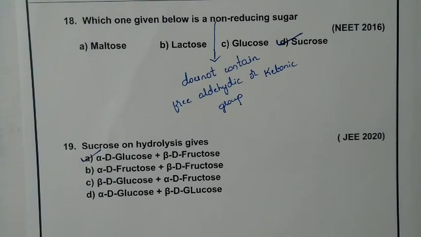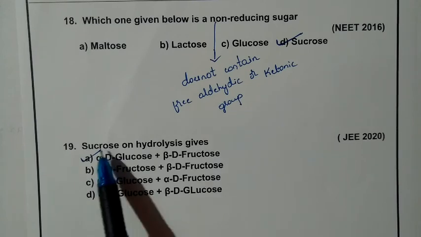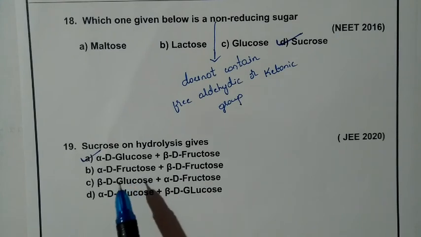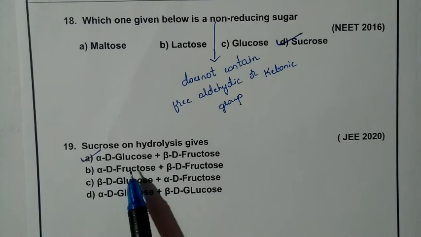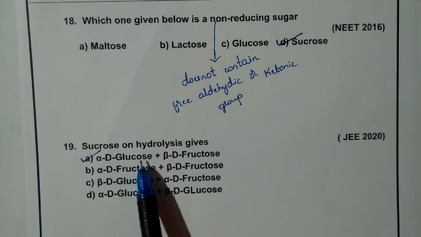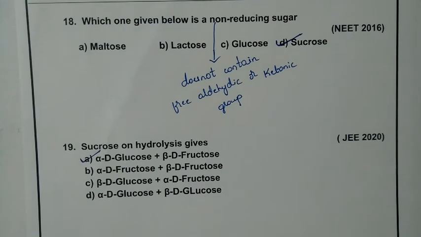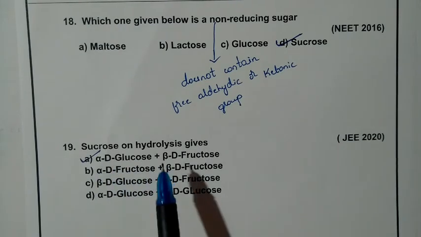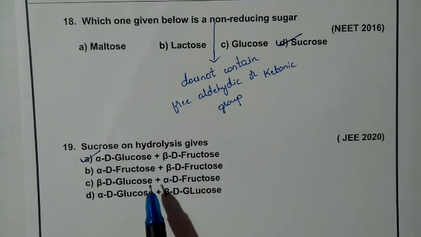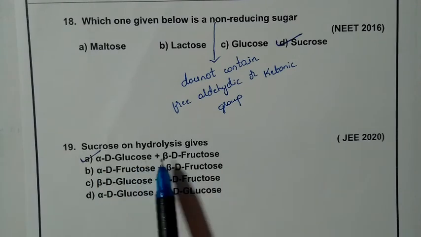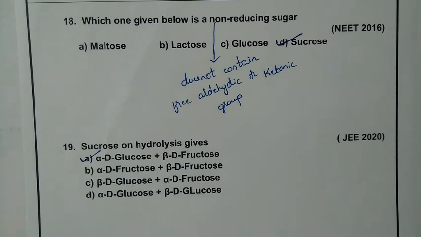It is not under sucrose that we studied it; it is under the laboratory preparation of glucose, and for fructose also we have studied this reaction. So sucrose on hydrolysis in the presence of an acid gives rise to alpha D glucose and beta D fructose.